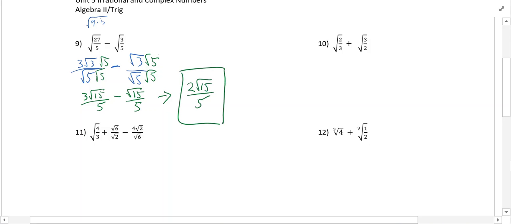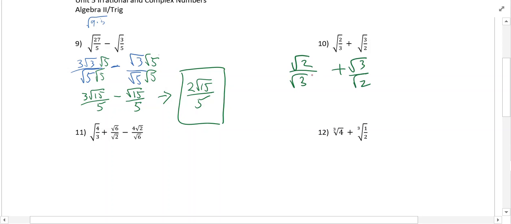Okay, so same thing here. You want to simplify if you can. There's nothing to simplify, so then I need to start by rationalizing my denominators. So you can say rad 2 over rad 3 plus rad 3 over rad 2.